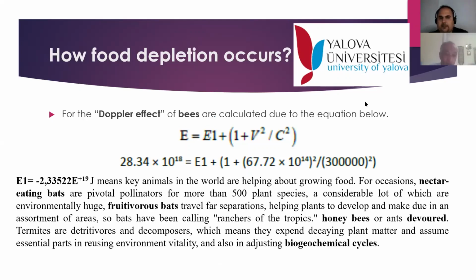So if we can decide how much energy one bee uses to convert energy that comes from the sun to produce some carbohydrate, we can use this equation to find how much energy is converted for one animal. So I calculated it, as you can see in the result on the left side in the presentation.